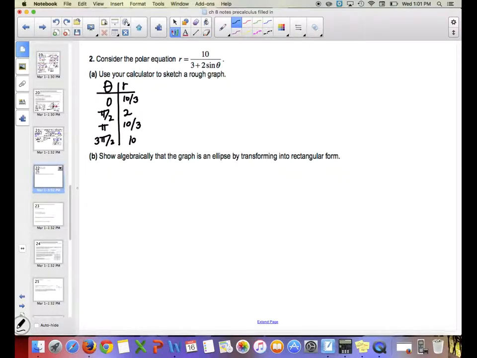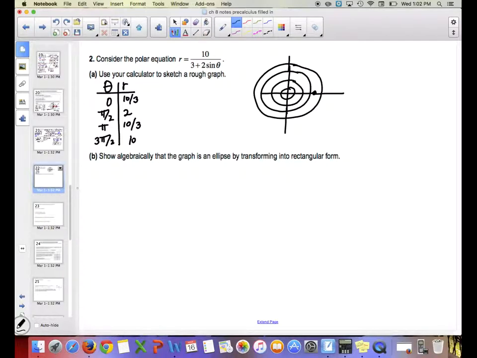It's a little harder to sketch because we go out to 10, but we'll do the first couple rings here so you can tell. So we're going to go 1, 2, 3. Well, let's do 4 since we have 10 over 3. Okay, so along the 0 line, we're going to go out 10 thirds. 10 thirds is 3.3 repeating, right? 3 and 1/3. So I'm going to go out to right here.